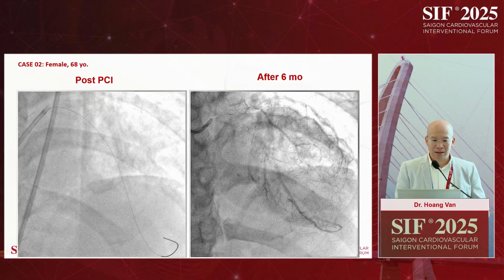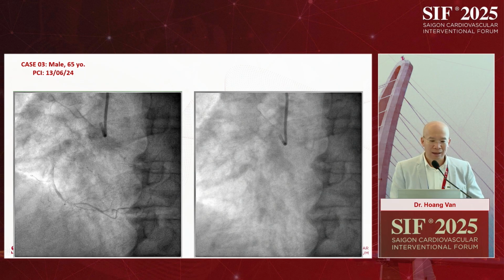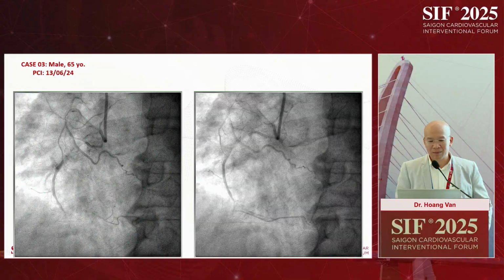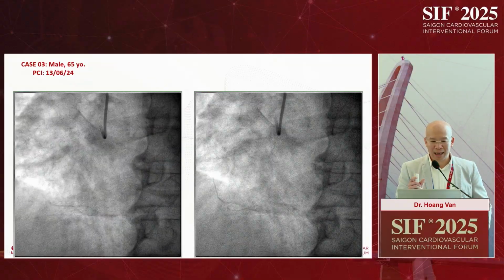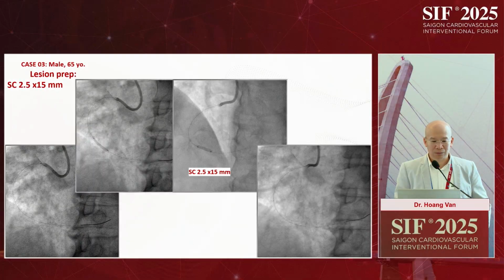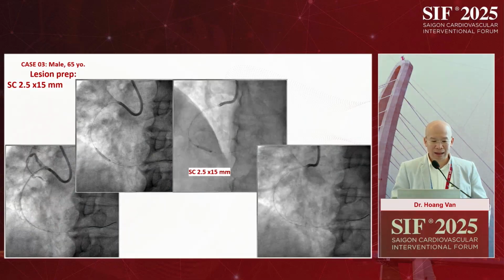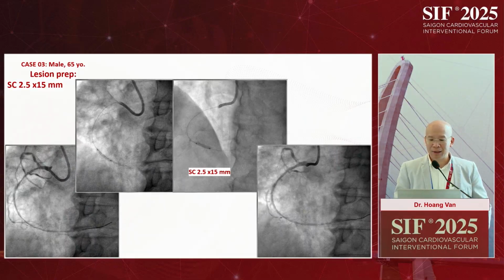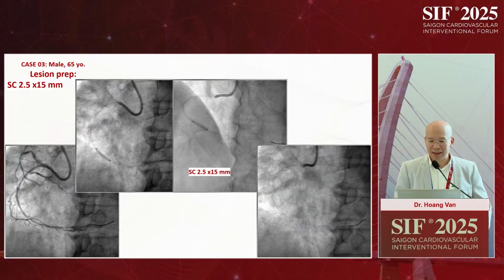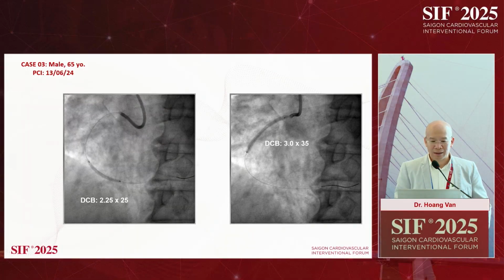That's the last case. The patient is 65 years old. We can see the subtotal occlusion in the proximal artery and distal artery. After the wire successfully crossed the lesion, we prepared the lesion with a scoring balloon 2.5 by 15.